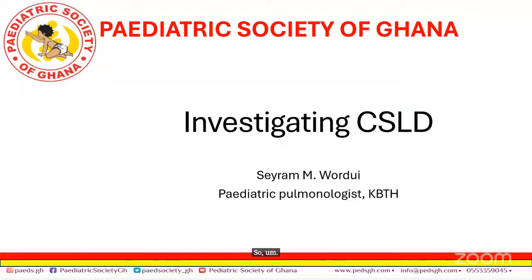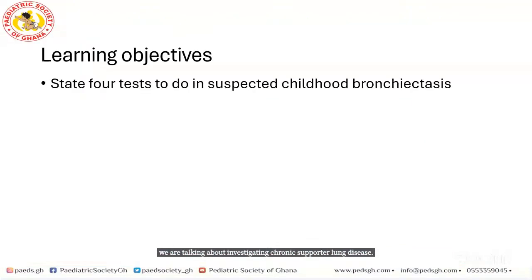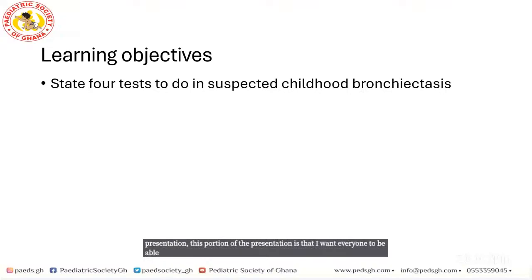We are talking about investigating chronic suppurative lung disease. The main thing that I want everyone to take away from this portion of the presentation is that I want everyone to be able to state 4 tests to do in suspected childhood bronchiectasis.